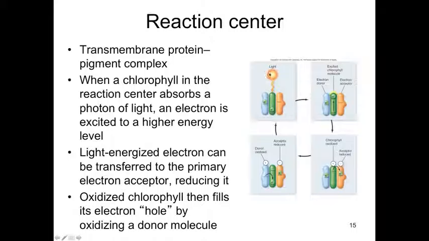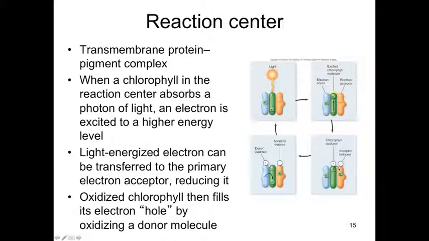When a chlorophyll in the reaction center absorbs a photon of light, as is shown here, then that electron is excited to a higher level and passed to an electron acceptor, thus reducing the electron acceptor. This oxidizes chlorophyll, leaving it with an electron hole, and then another molecule, a donor molecule, will donate an electron back into that chlorophyll molecule, only for the cycle to repeat again.